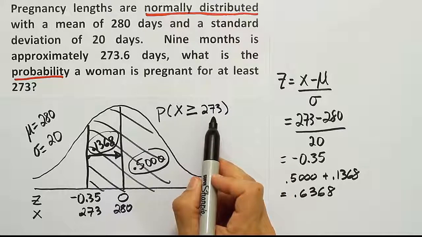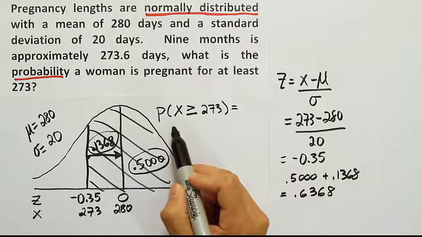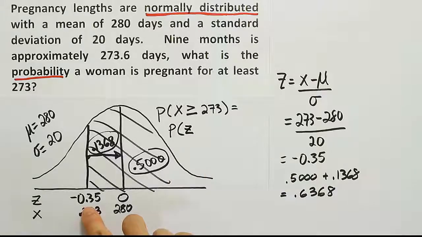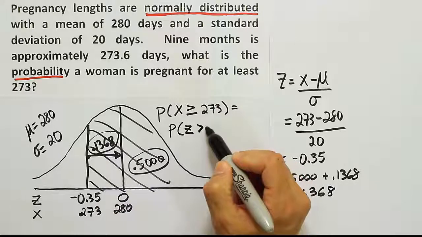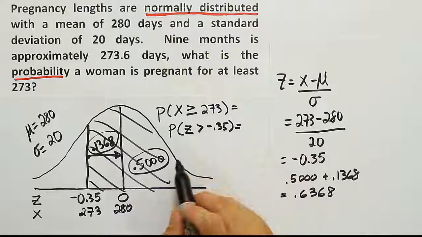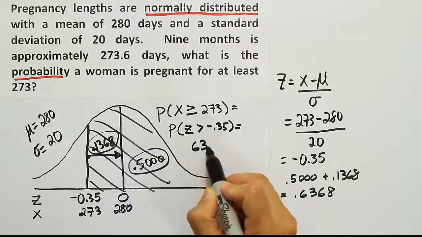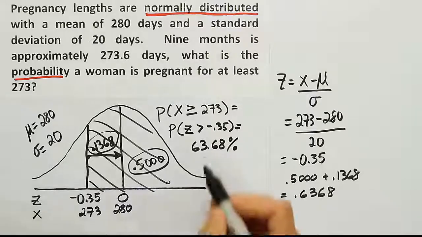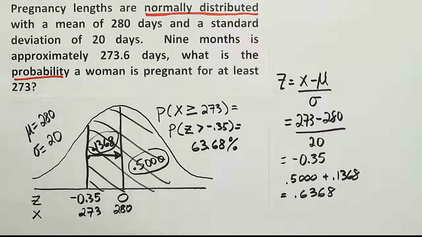So 273 days or longer is equal to the probability that a z-score is greater than -0.35, and that is the same as the probability 63.68%. Okay, so that is our answer. About 63.68% of all women will carry a child for at least 273 days.